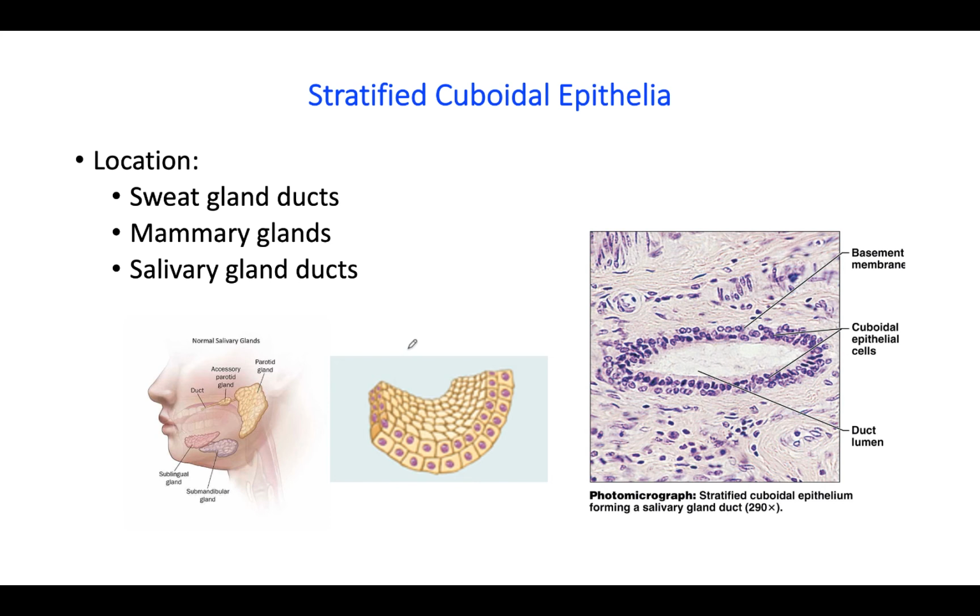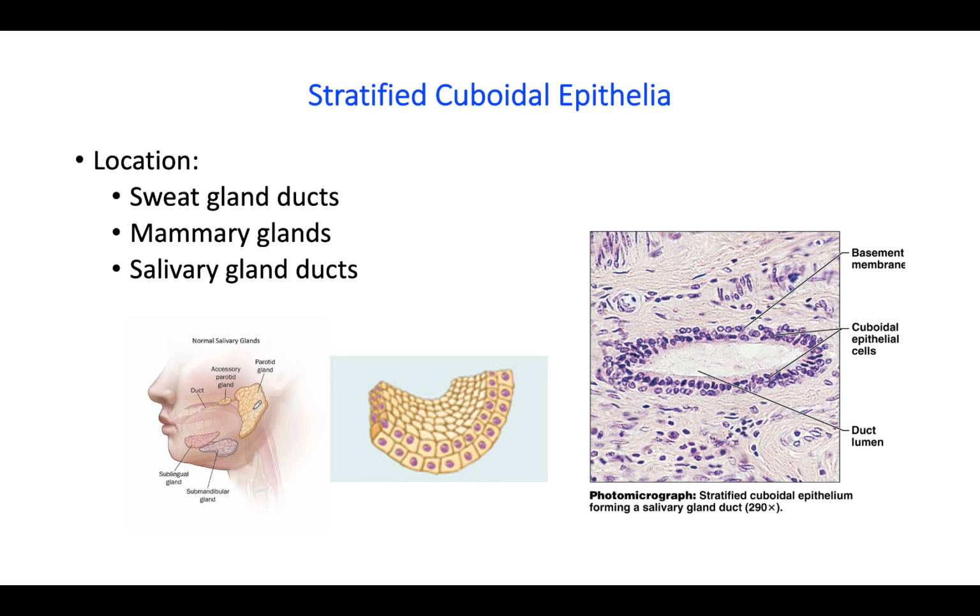Where are stratified cuboidal epithelia observed? The locations are the sweat gland duct, mammary glands, and salivary gland duct. So inside the mouth, there are three places where saliva is secreted. One is the parotid gland, one is the sublingual gland, another one is the submandibular gland.